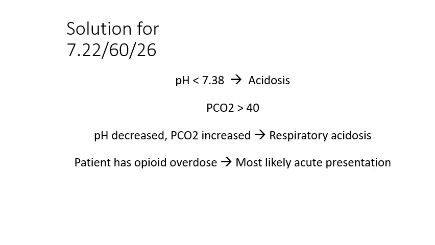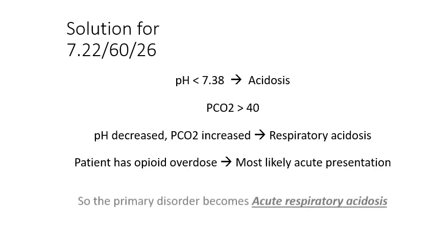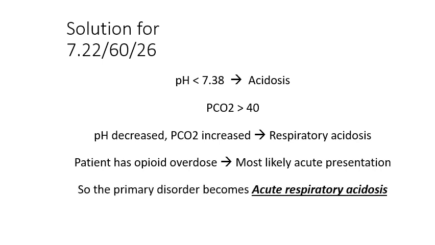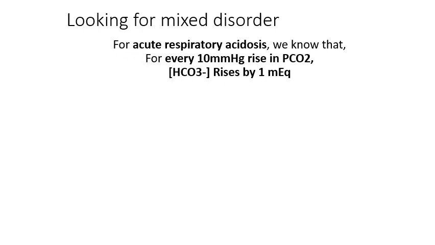The patient has opioid overdose, so most likely the setting is acute, so the diagnosis becomes acute respiratory acidosis. For acute respiratory acidosis, we know that for every 10 millimeters of mercury rise in PCO2, the bicarb should rise by 1 milliequivalent. Here, the rise in PCO2 is 60 minus 40, that is 20.